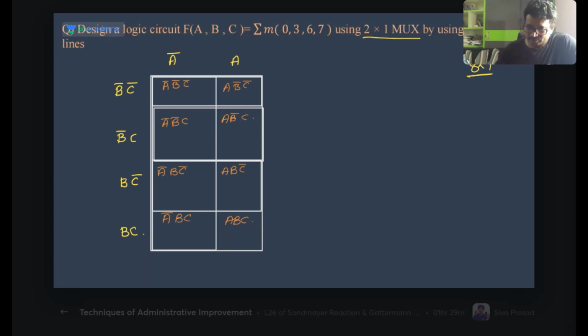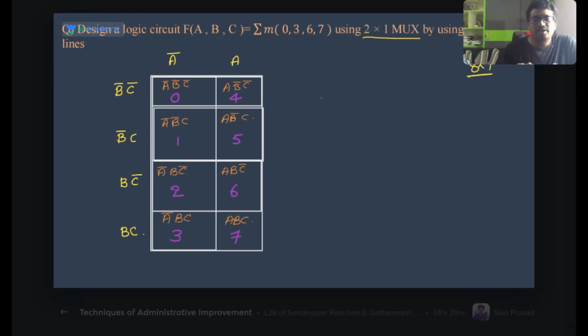Now you can tell me the cell numbers. This is 0, this is 4, this is 1, this is 5, this is 2, this is 6, this is 3, and this is 7.